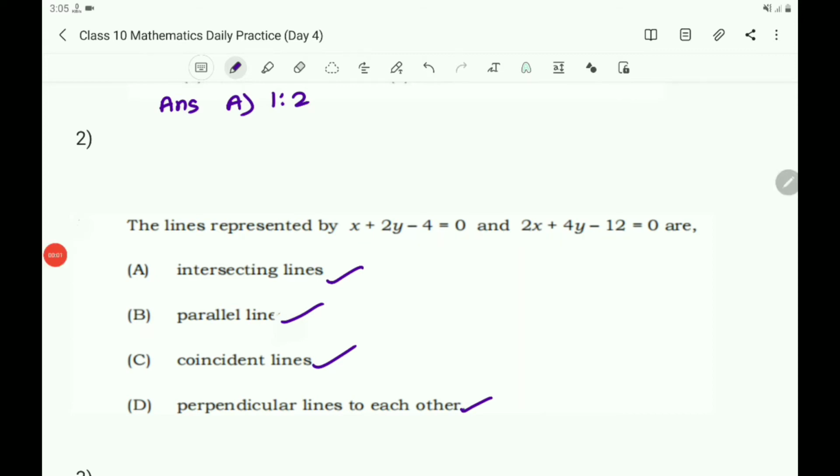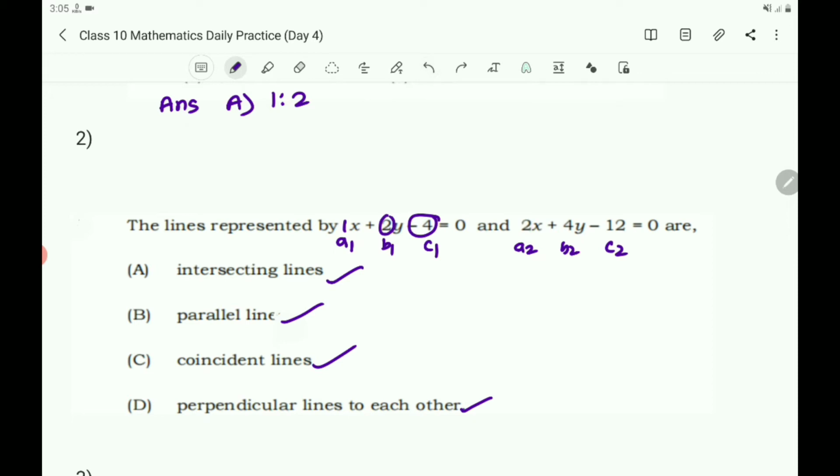Now you find the coefficient of x, y and constant, that is you get a1, b1, c1 and a2, b2, c2. What is a1? a1 is 1, b1 is 2, c1 is minus 4. a2 is 2, b2 is 4, c2 is minus 12.